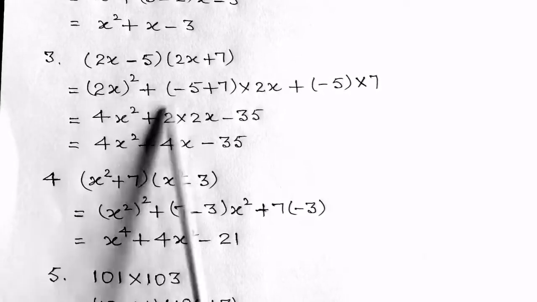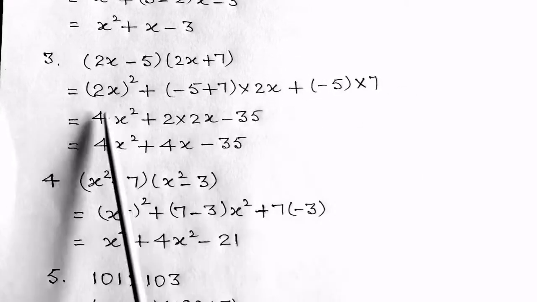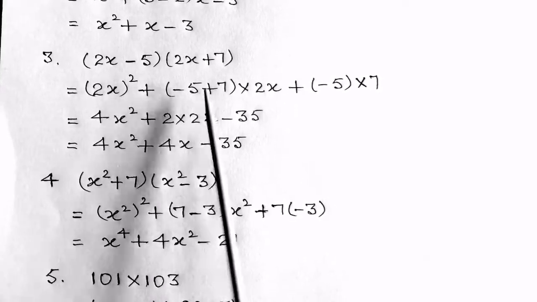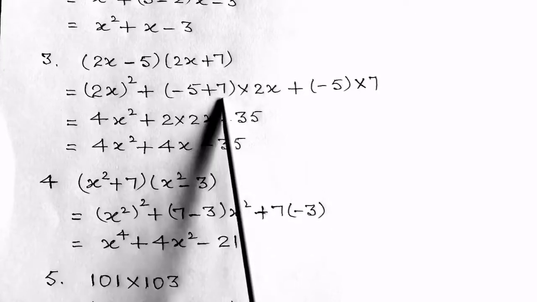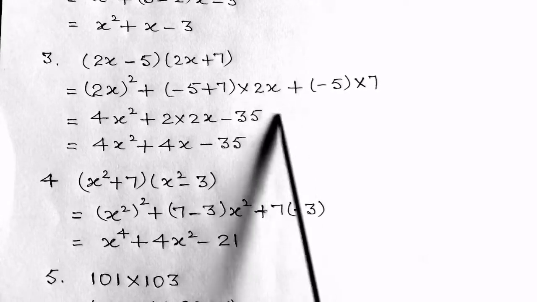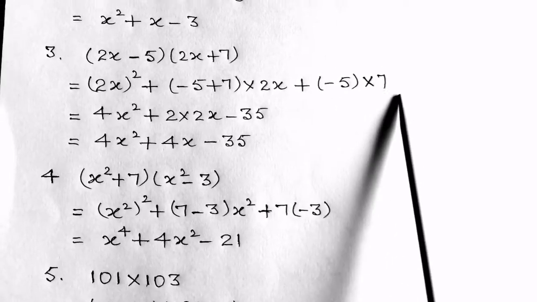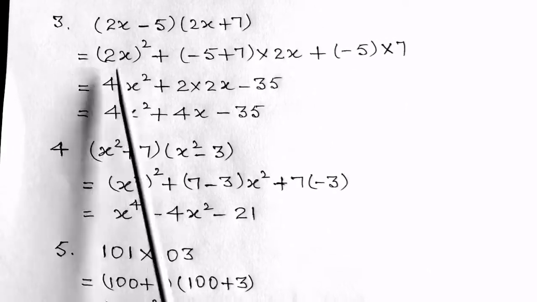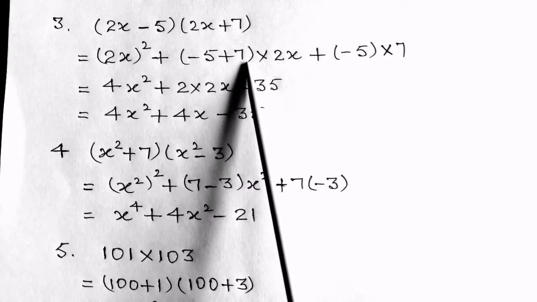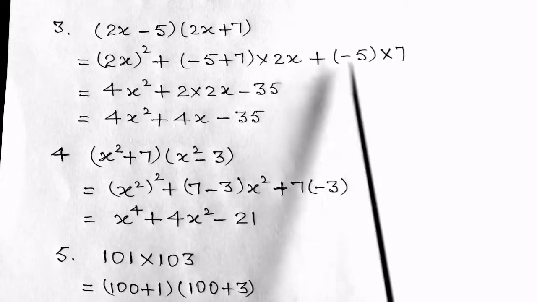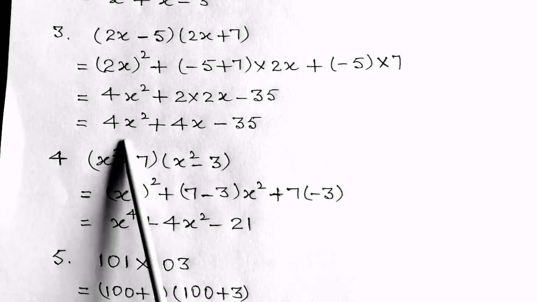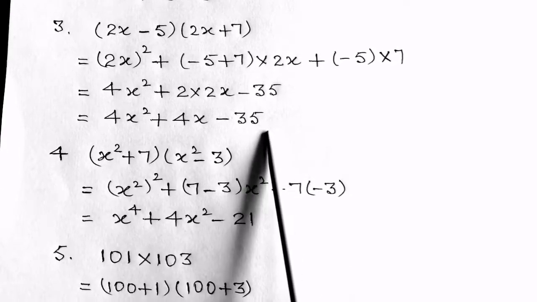So we have (2x)² + (−5 + 7)(2x) + (−5)(7). Simplify: square of 2 is 4, so 4x², and −5 plus 7 is 2, so 2 into 2x is 4x, and plus into minus is minus, 5 sevens are 35. So we have 4x² + 4x − 35.